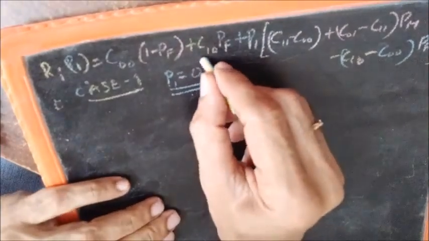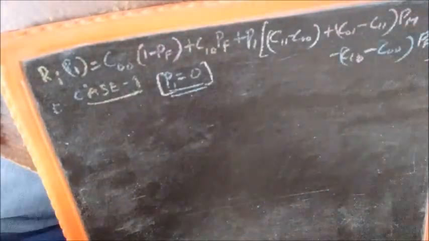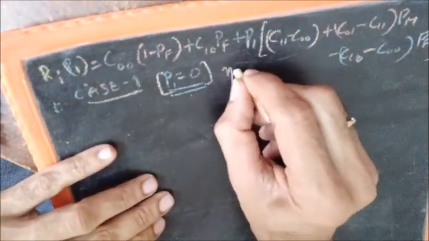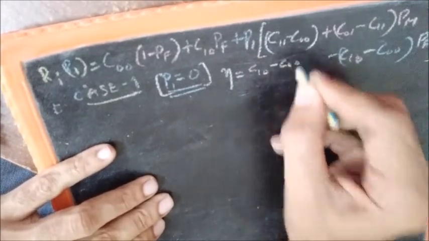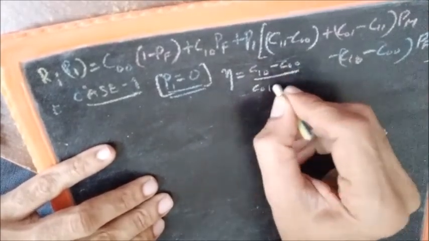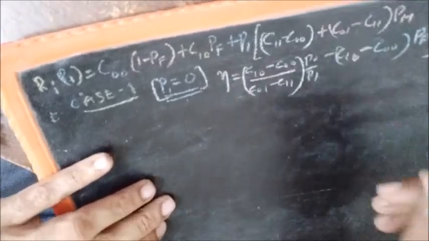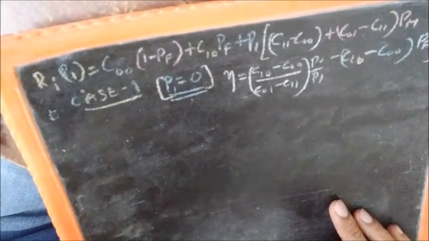We are assuming that P1 is 0 and we are going to go ahead. So when P1 is 0, the threshold will be (C10 minus C00) divided by (C01 minus C11) into P0 by P1.